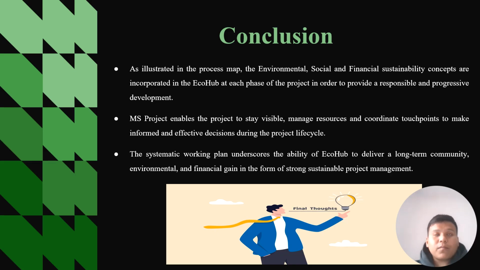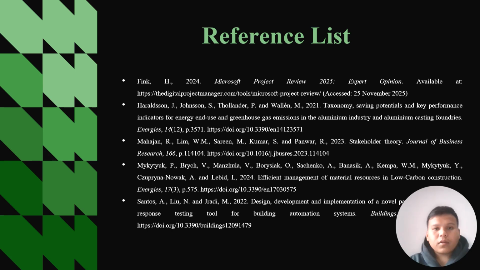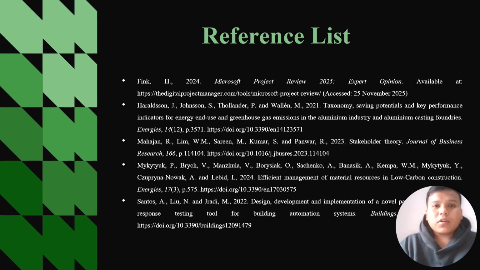The systematic working plan through the help of MS Project is also important, which I learned while preparing this project. At the end, there are references, academic and industrial, based on research on waste reduction, stakeholder engagement, and procurement process as well.